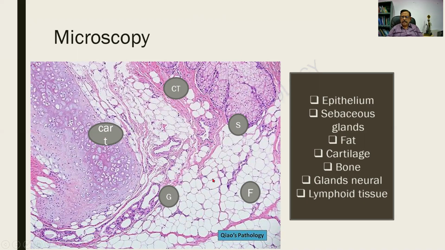There are sheets of fat, and then there is also a glandular epithelium. All of these can be seen. So I am finding the epithelium, the connective tissue, all this. So this is a list that I had seen in this particular one. And they have got absolutely no relationship to each other. Cartilage, suddenly I am seeing fat, suddenly I am finding the smooth muscle and the sebaceous glands.